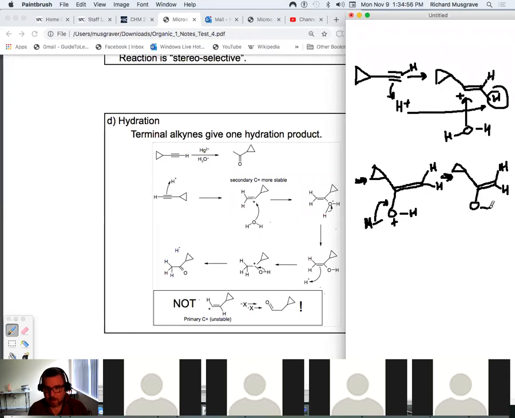And we end up with this compound that is called an enol. En because of the double bond, ol because of the alcohol. But really, an enol is actually in equilibrium with a ketone.